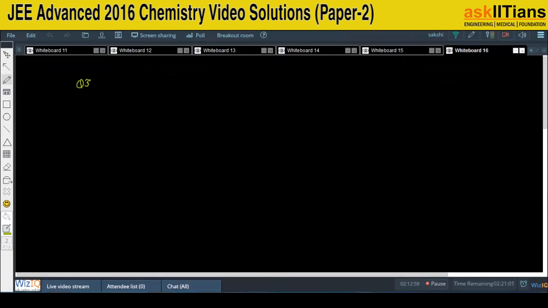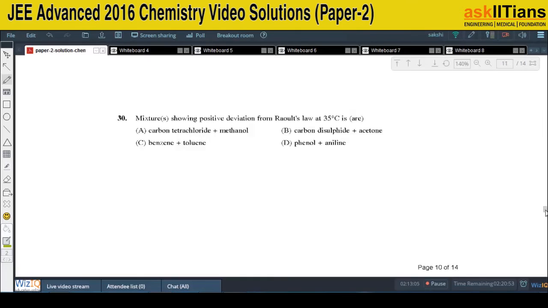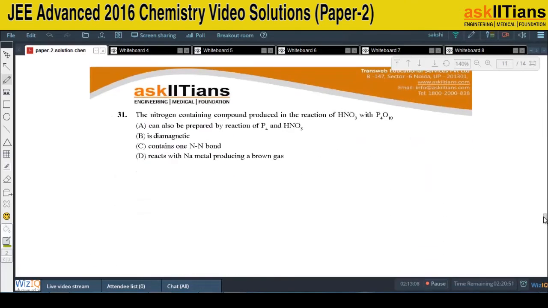So to write question number 31, let me ask you to read this question first of all. The question says that the nitrogen compound produced in the reaction of HNO3 with P4O10. That means you have to find out what should be the reaction between HNO3 and P4O10.